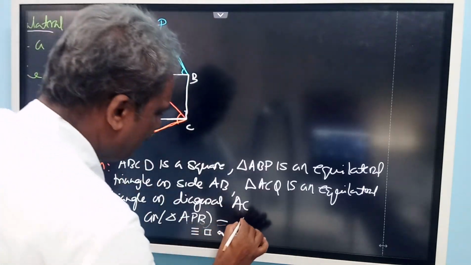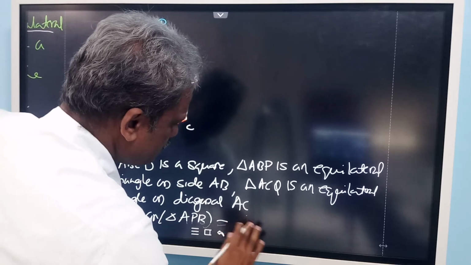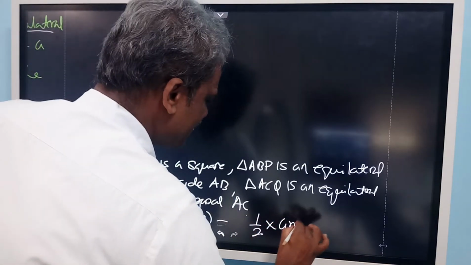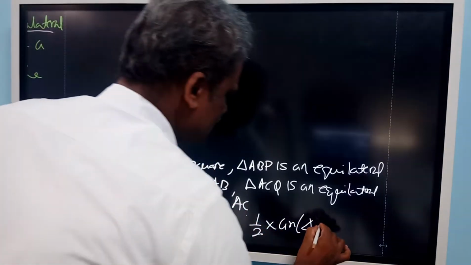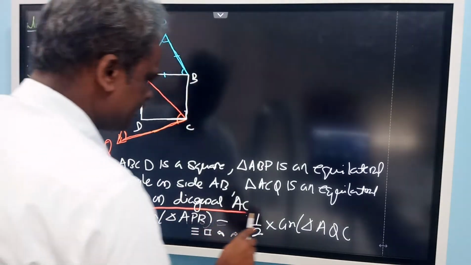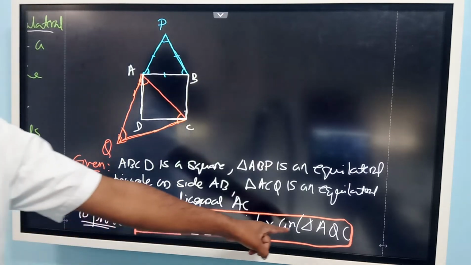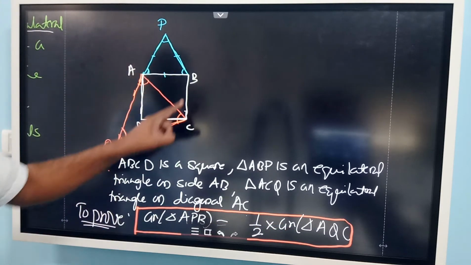So that means half of the area of the equilateral triangle described on the diagonal, that is AQC. We have to prove that the area of the equilateral triangle APB is equal to half the area of the triangle described on its diagonal.